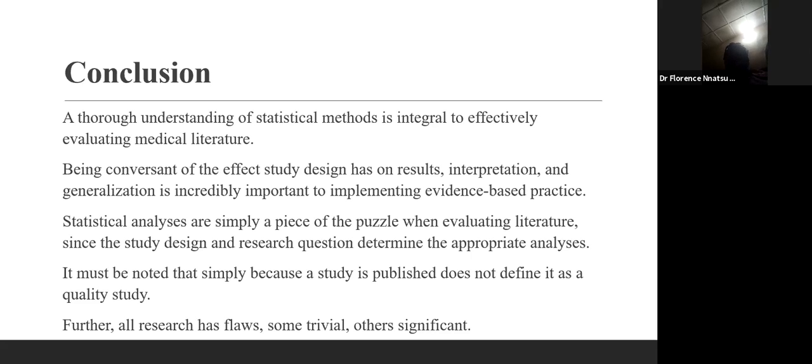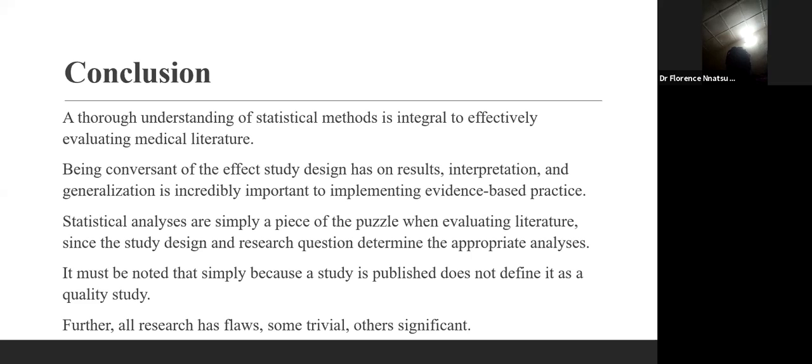Statistical analyses are simply a piece of the puzzle when evaluating literature, since the study design and research question determine the appropriate analysis. Depending on the study you are carrying out and the research question, that will determine which tests you will subject your data to, so that you get the correct answers and can interpret your results.